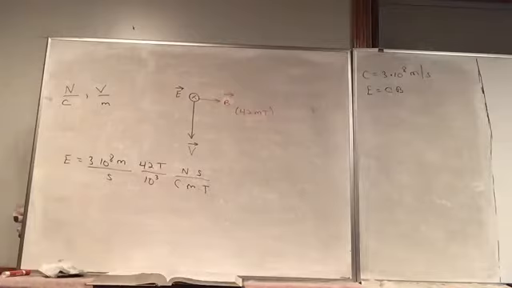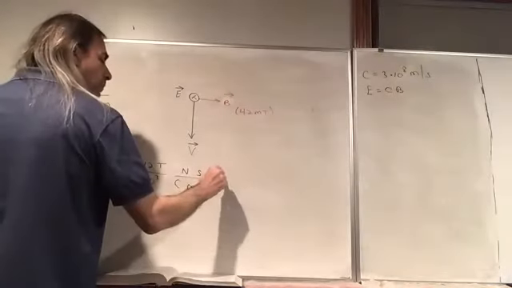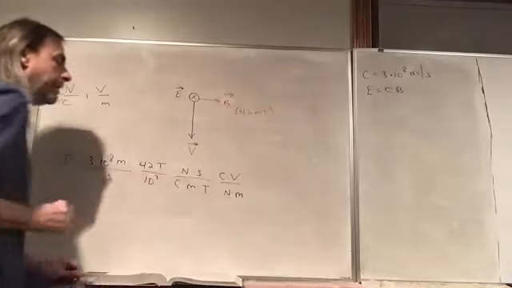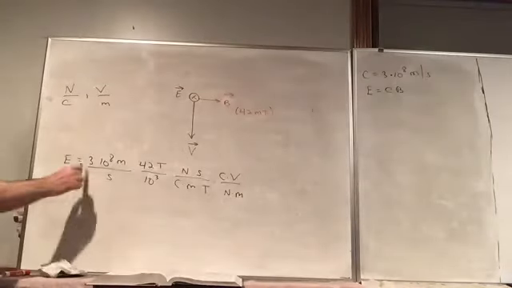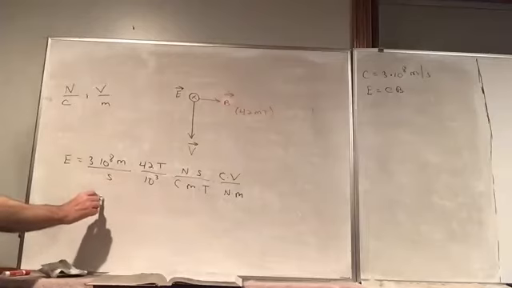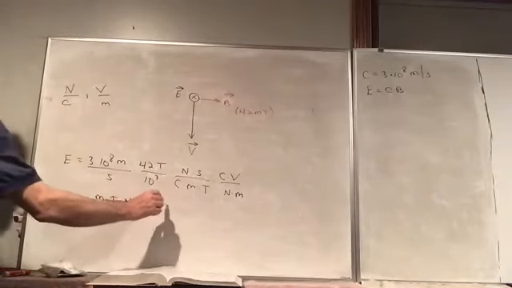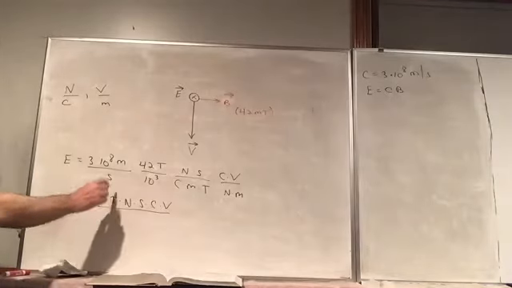And a coulomb times a volt is a newton times a meter. So going across, we have meters, Teslas, newtons, seconds, coulombs, and volts.